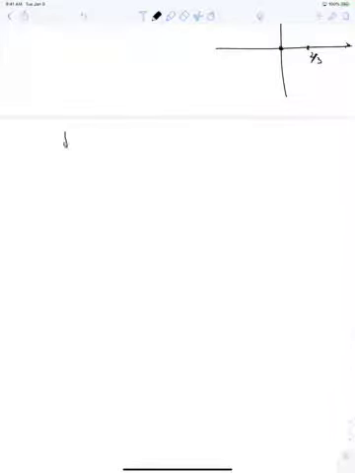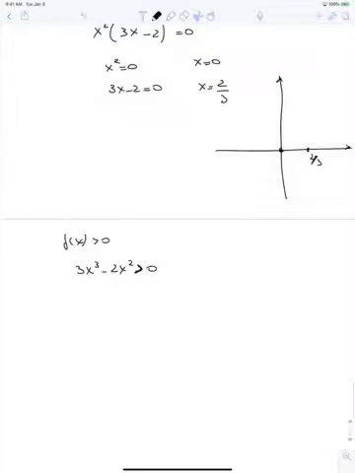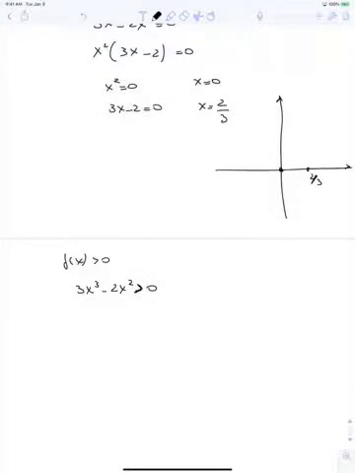So now we want to study where the function is positive or negative. We solve f of x greater than 0, which means 3x cubed minus 2x squared greater than 0. We have already studied the associated equation. This can be written as x squared times 3x minus 2 greater than 0.